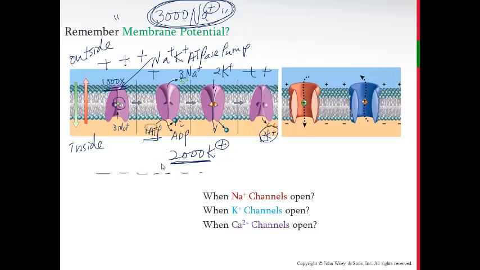So that's your resting membrane potential, and you'll usually see your membrane potential is going to be, for instance, in your cardiac muscle cells, maybe about minus 90 millivolts. So that minus sign tells you it's more negative inside the cell. Okay, so that's the first concept I want to review.